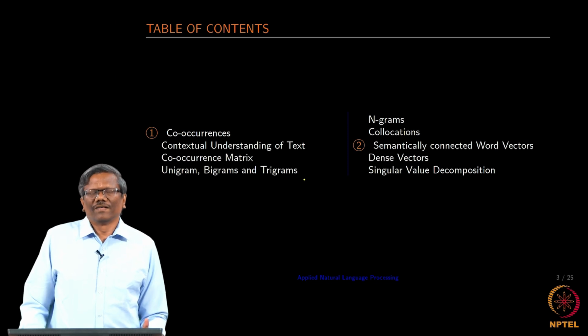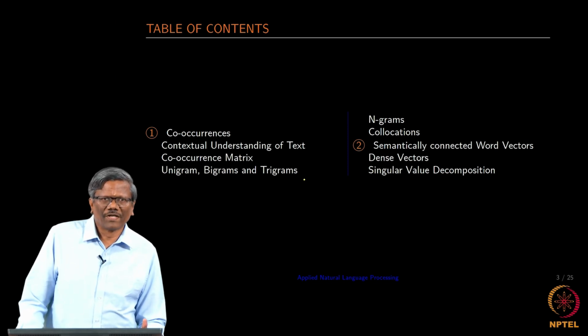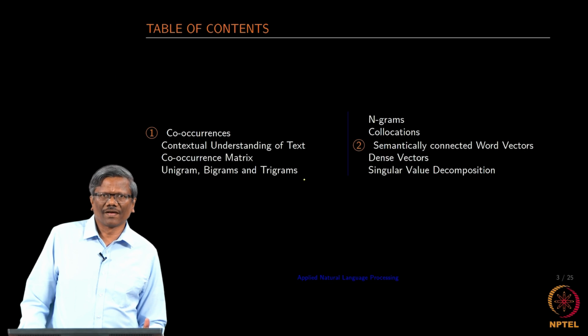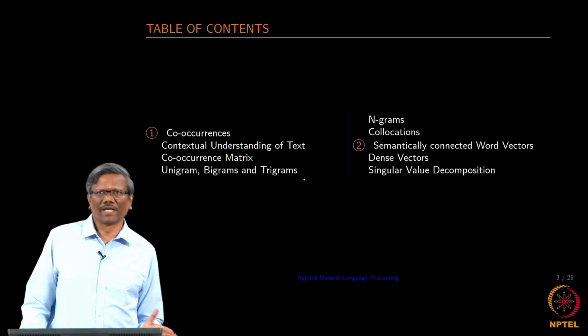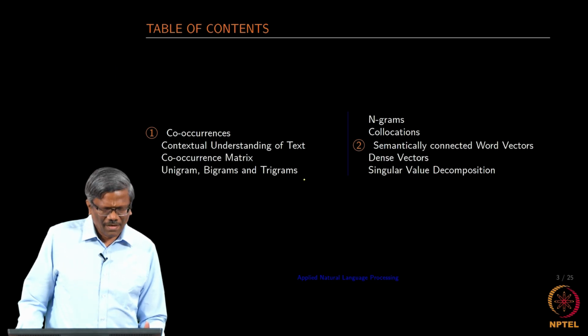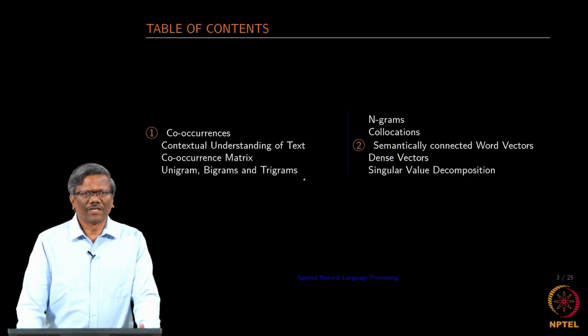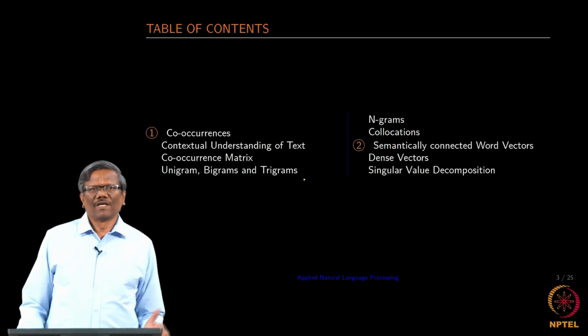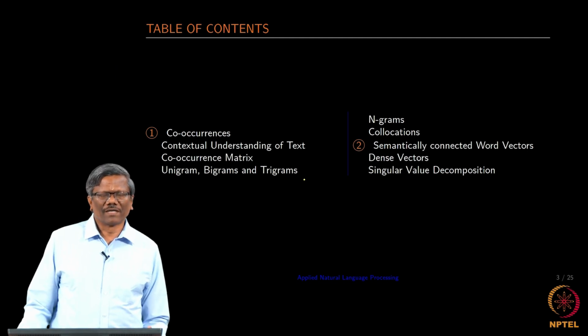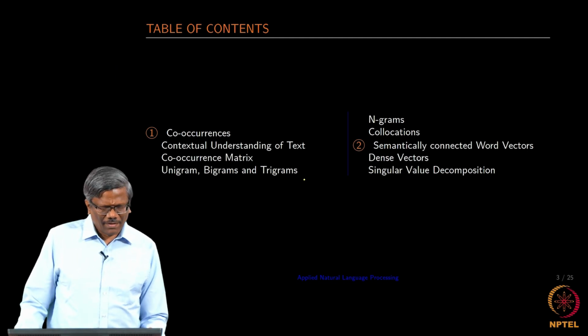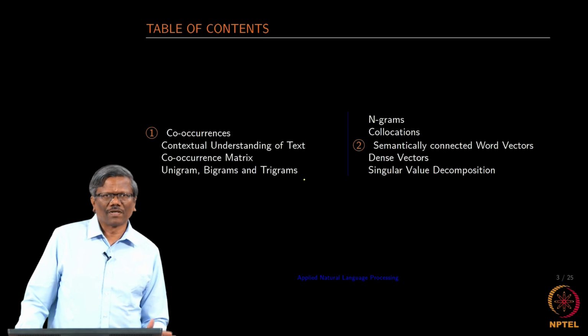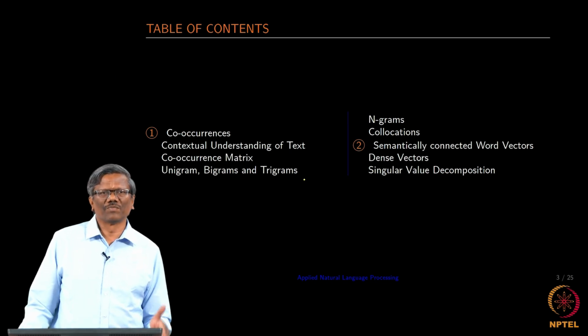Right. In this class, we will be talking about the occurrences of words together in a sentence and how we can exploit those occurrences, and then we will see how those contextual understanding of the text would be done by using multiple words together, and then we will talk about how to create a co-occurrence matrix.